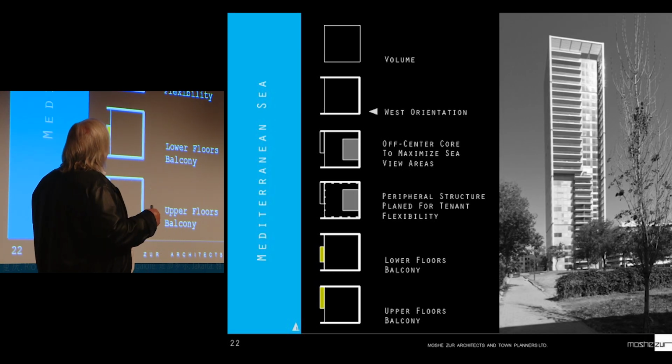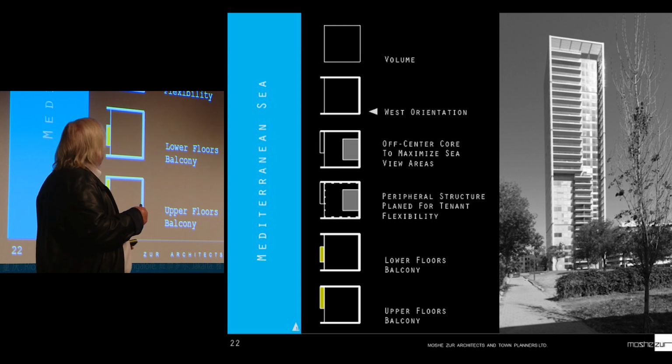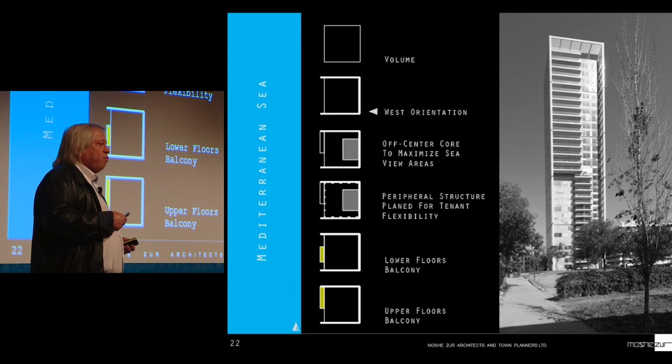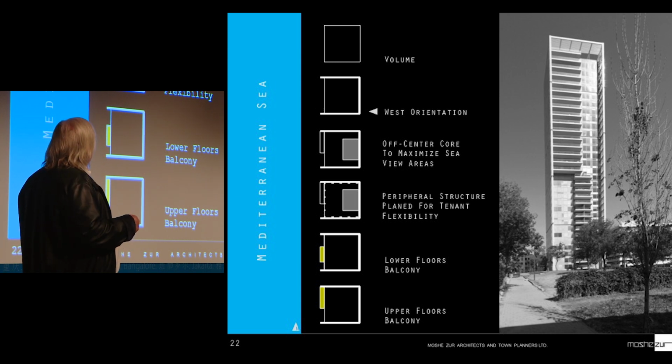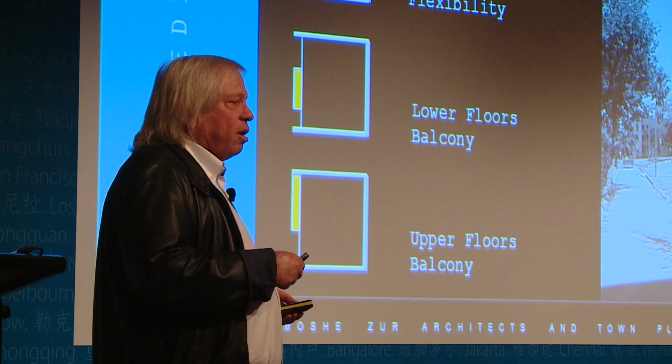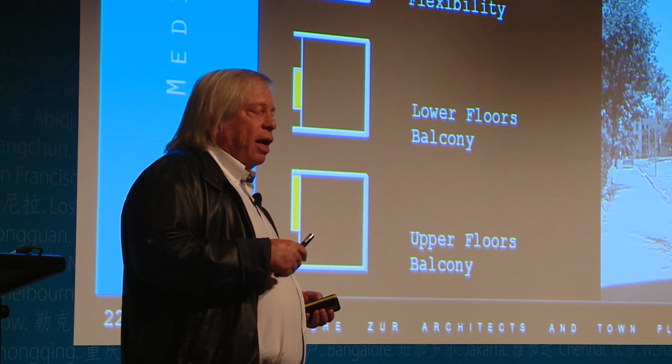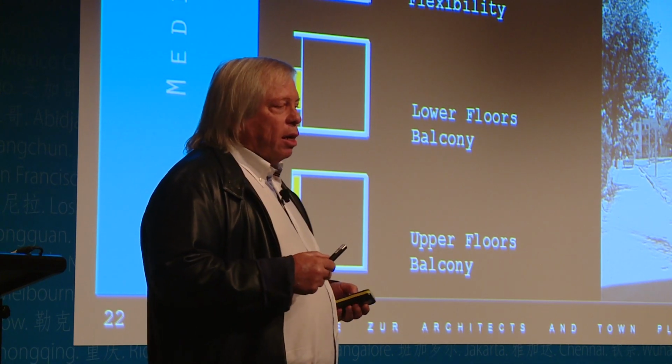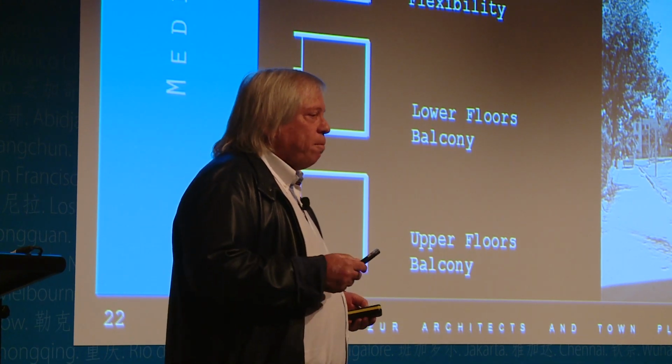So we started with a very basic rectangular shape. We've given priority to the facade facing the sea, the west. And in order to maximize the use of the western location for the square meters of the apartment, we move the core of the building from the middle of the center to the other side, to the east. Thus, we allow inside the apartments the full freedom to design the apartments according to one's needs and also to change it.